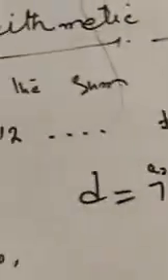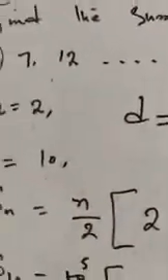7 minus 2 equals 5. 12 minus 7 equals 5. Every time you find the difference, it is 5. That means the common difference is 5.